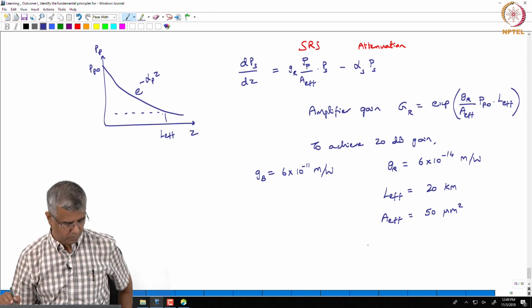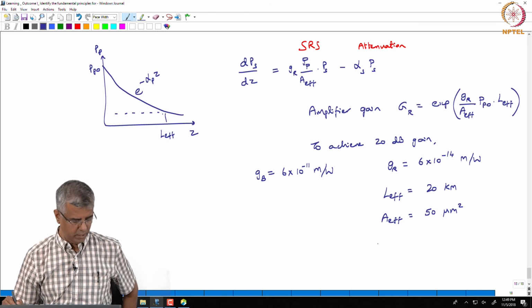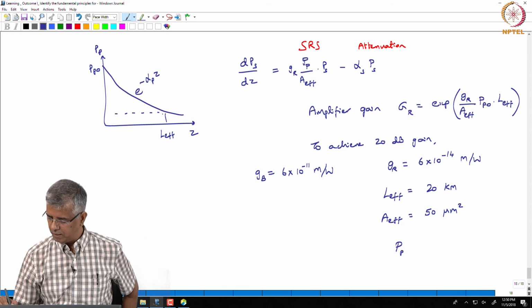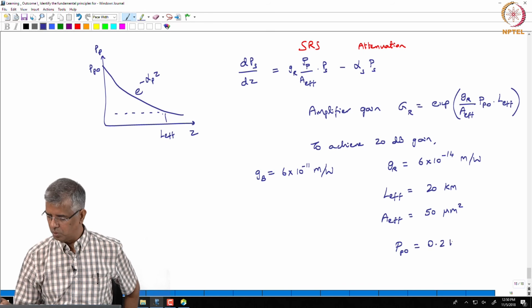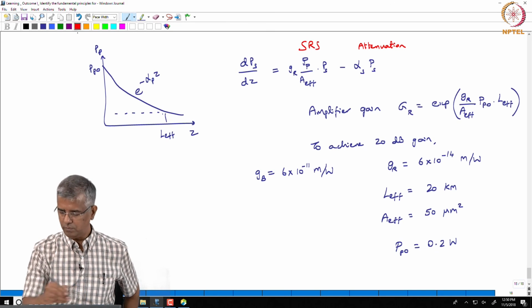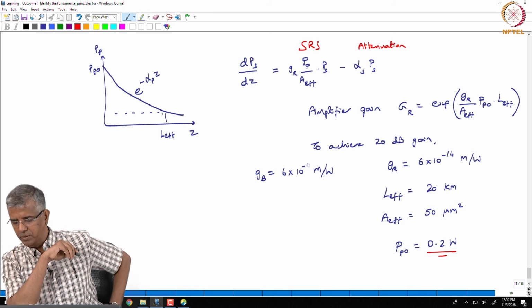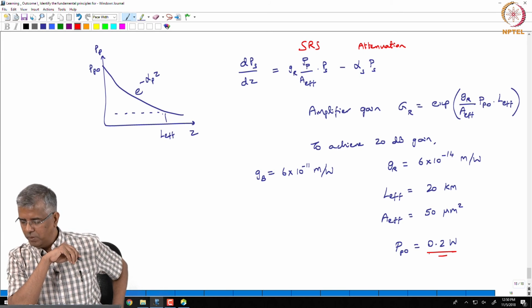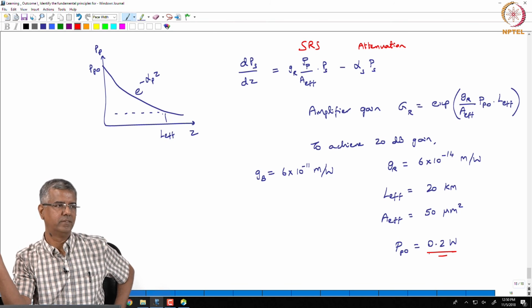If you put all of this together to achieve 20 dB gain, P_P0 works out to be about 0.2 watts.